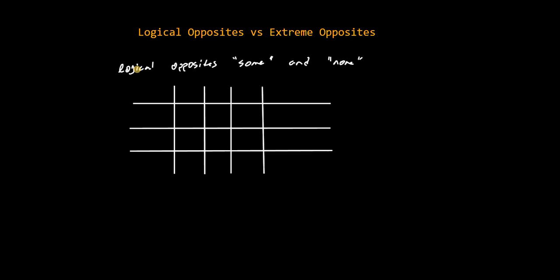Okay, so let's define an exhaustive set of scenarios. Scenario. Okay, and let's use the example. Let's say some kids like candy. Some kids like candy. And no kids like candy.